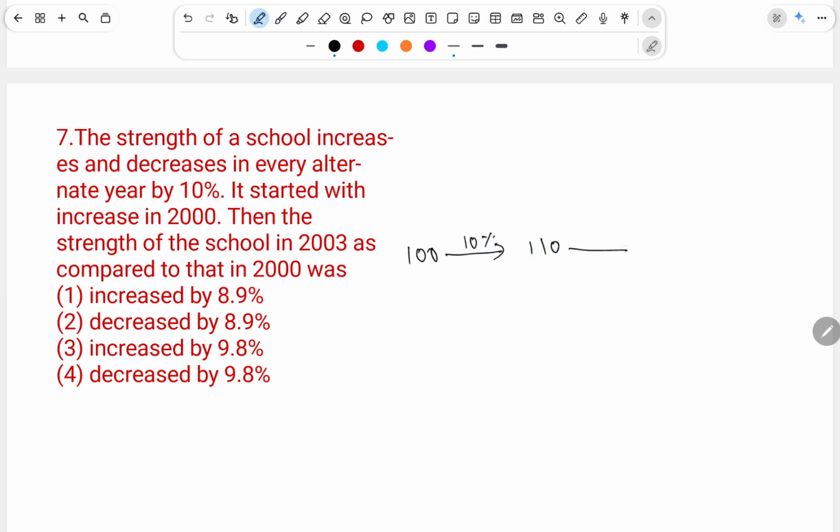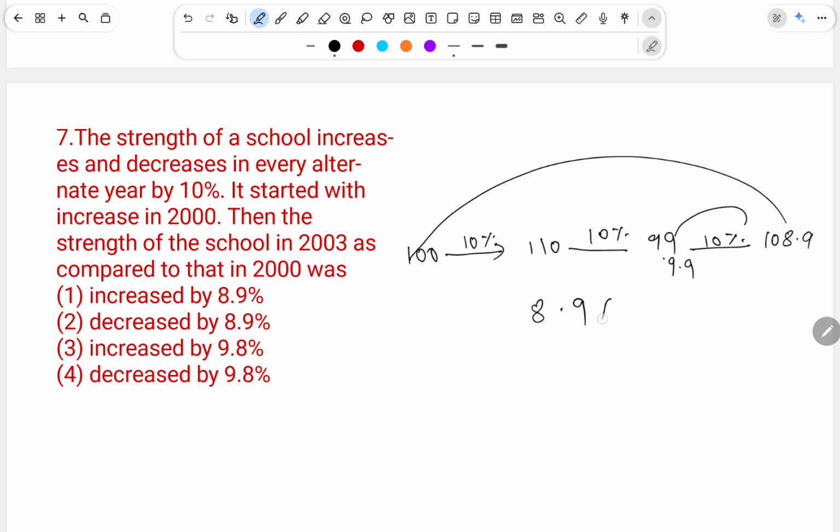Then 2000 to 2001 it increased. Then 1 to 2 it decreased by 10%. Means 10% is 11. If you reduce 11 from 110 it becomes 99. Now over 99, in the next year it increased by 10%. So 10% is 9.9. On adding 9.9 it becomes 108.9. So overall increase is 8.9%.